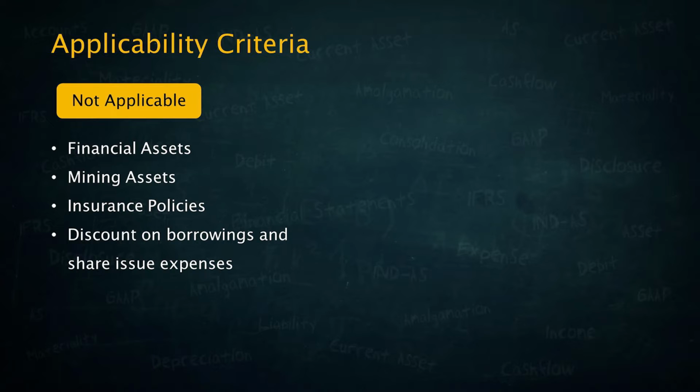For example, for financial assets, mines, insurance policies, etc., for insurance companies and all, there are separate norms on how accounting should be done. Even if you talk about share issue expenses, how it should be treated, what can it be used for, there is Companies Act which tells you how share issue expenses treatment should be given. So that is why these items are outside the purview of Accounting Standard 26.